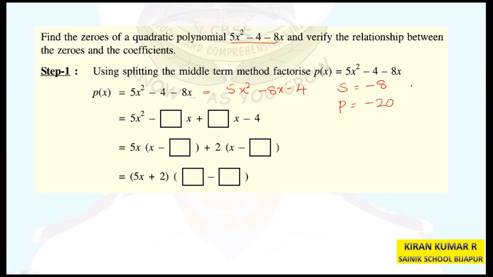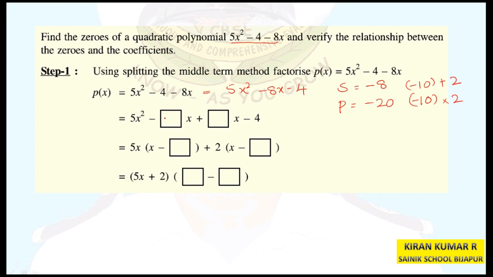If you take 10 two times, and if you have minus 10 and positive 2, we will be having the sum as minus 8 and the product as minus 20.